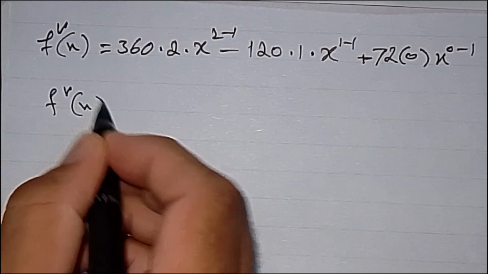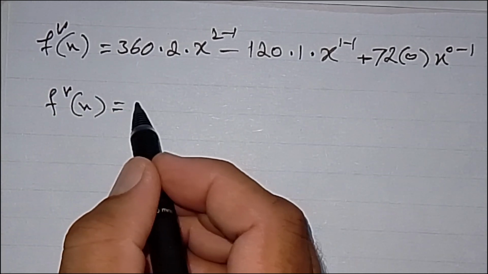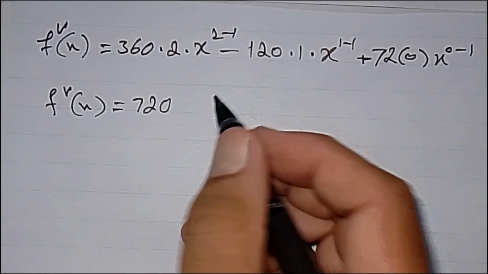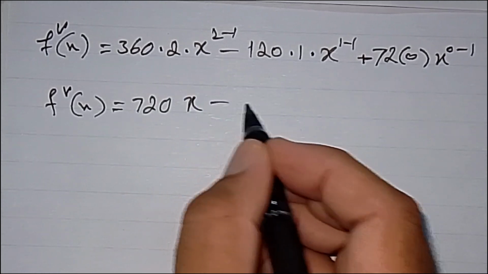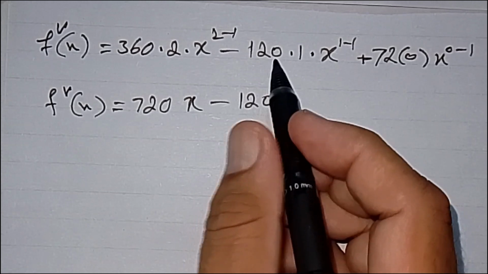Fifth derivative is equal to 720 x minus 120. That is our answer.